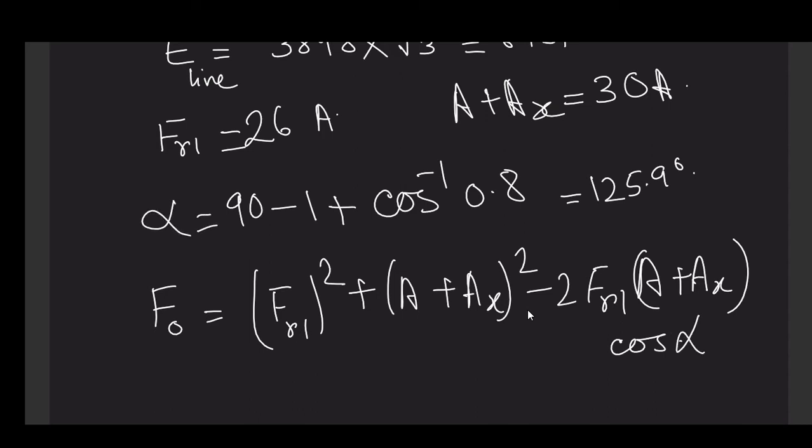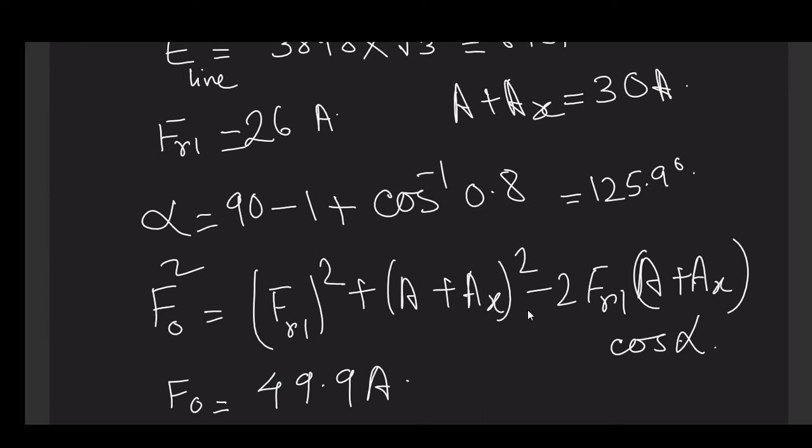If you solve this, you will get F naught equal to 49.9 ampere, almost 50 ampere.